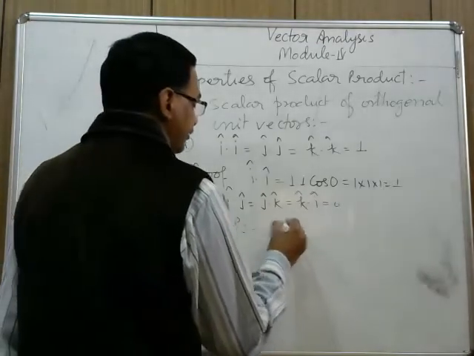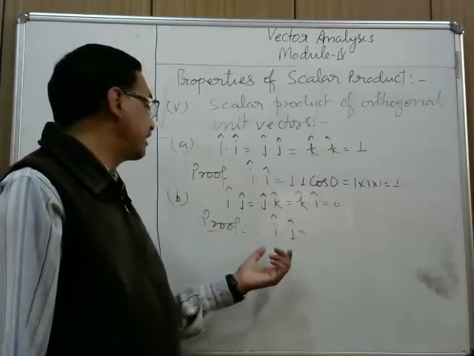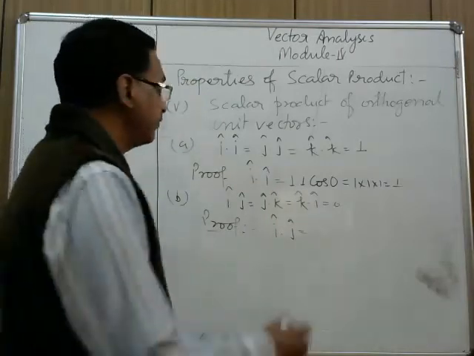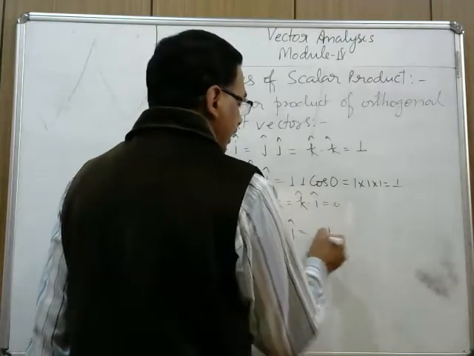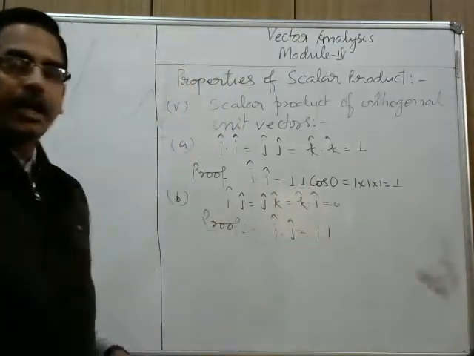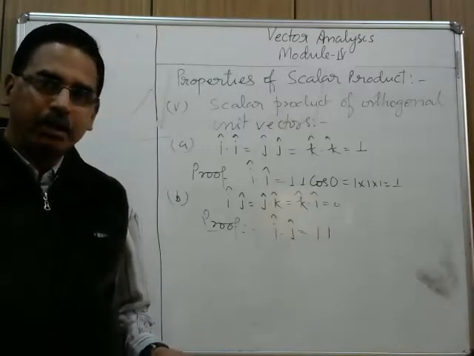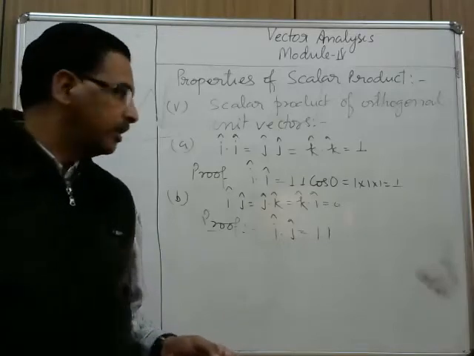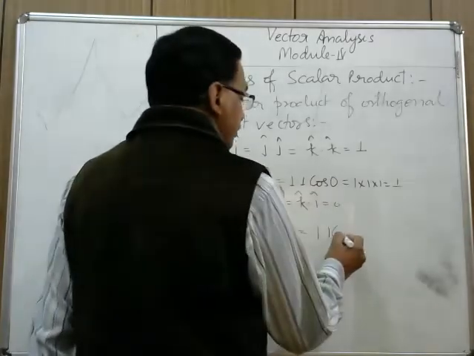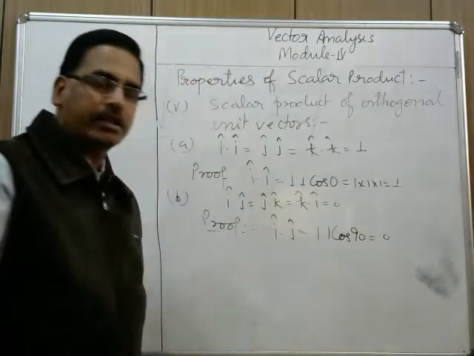I dot j, taking a scalar product of unit vectors i and j, we will have the magnitude of i is 1, the magnitude of j is 1, and i dot j. i is the unit vector along the x-axis, j is the unit vector along the y-axis, and the x and y-axis are perpendicular to each other. Therefore, the angle between them is 90 degrees and cos 90 is 0. Therefore, this product is also 0.